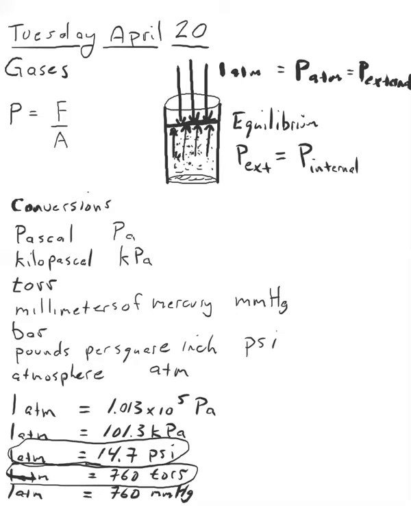So let me show you an example. Let's do a little conversion here. We're going to do atmospheres in kilopascals, and then we'll do atmospheres in torr. So the first one is interconverting, right? Interconverting means we're converting between one unit and another.